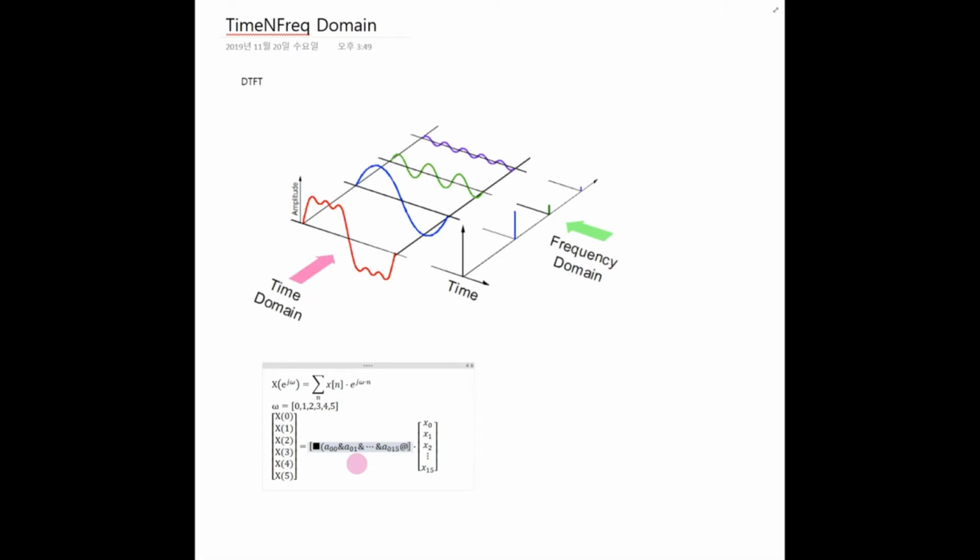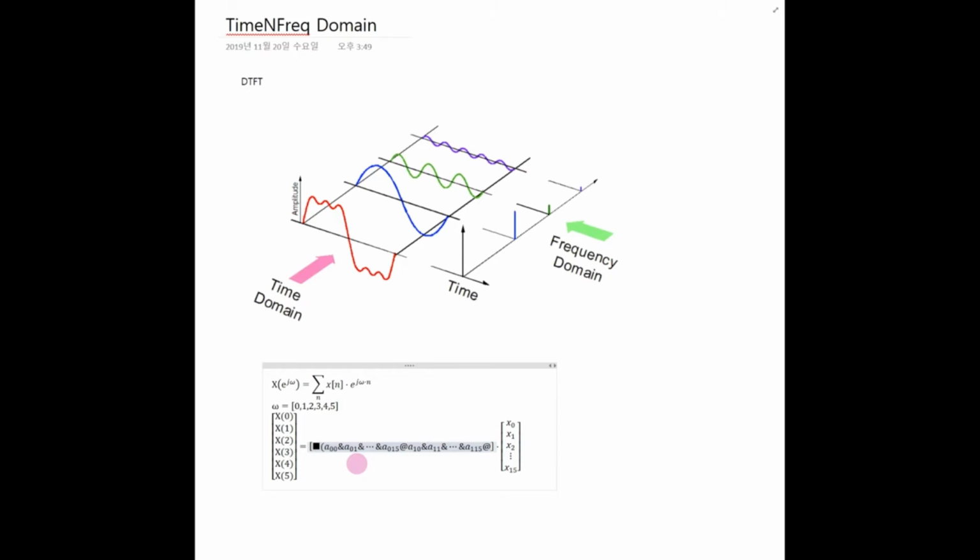This is the first row, and the second row is a10, a11, up to a1 15.